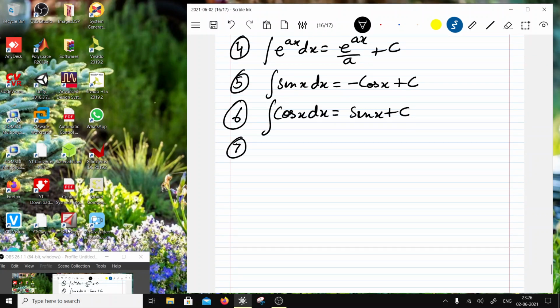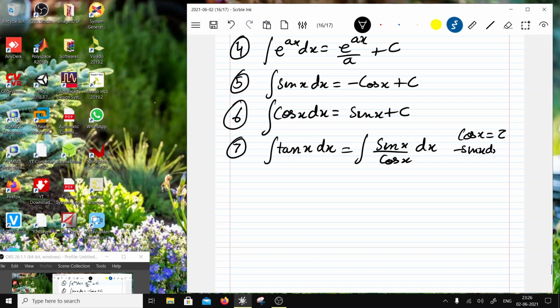Then seventh one, if I have integral of tan of x dx, so this can be represented as sine by cos, right? Integral sine x by cos x dx, and let's say cos x equal to z, then minus sine x dx is equal to dz.